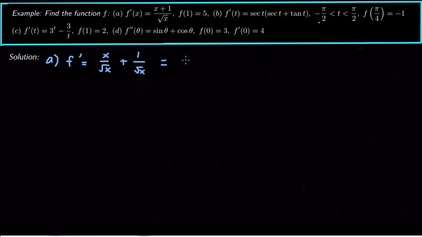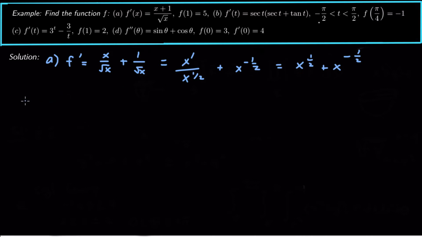That's x to the 1 over x to the 1/2 plus x to the negative 1/2 if I rewrite this in terms of powers. So this is going to be x to the 1/2 plus x to the negative 1/2. So that's really what f prime is.